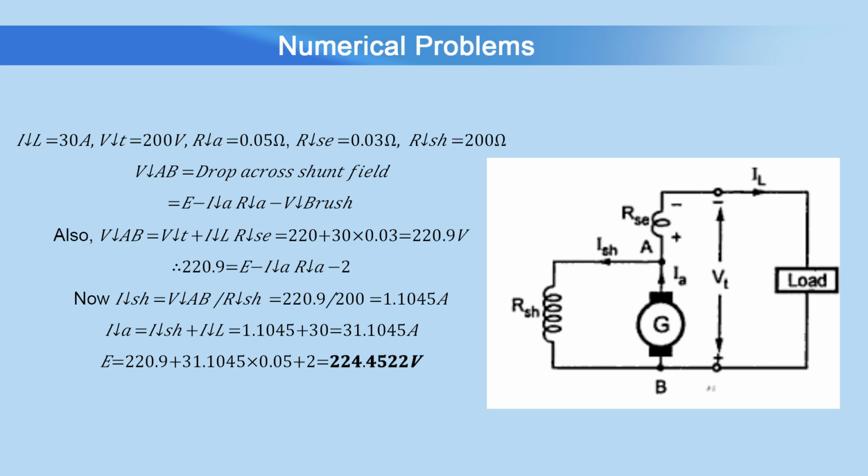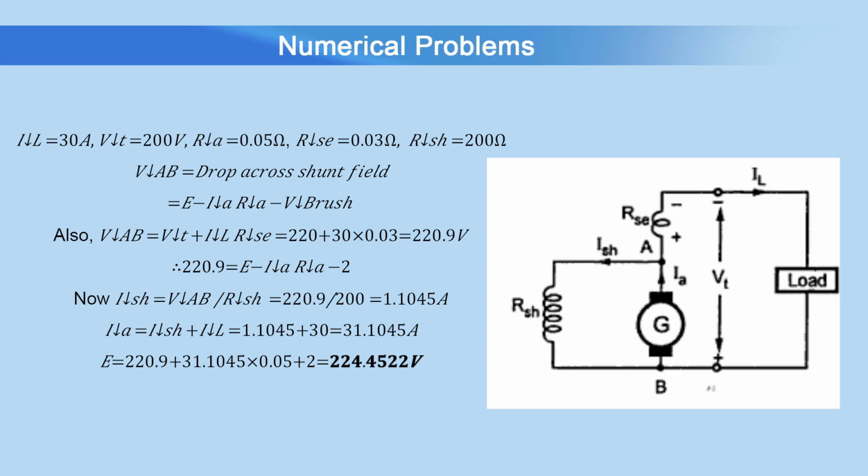IA is not known. So how can we find IA? IA can be found once we have found the value of ISH. So ISH will be VAB upon RSH. VAB we have just now obtained, that is 220.9 volt, and the value of RSH is known, that is 200 ohm. So ISH is equal to approximately 1.1.